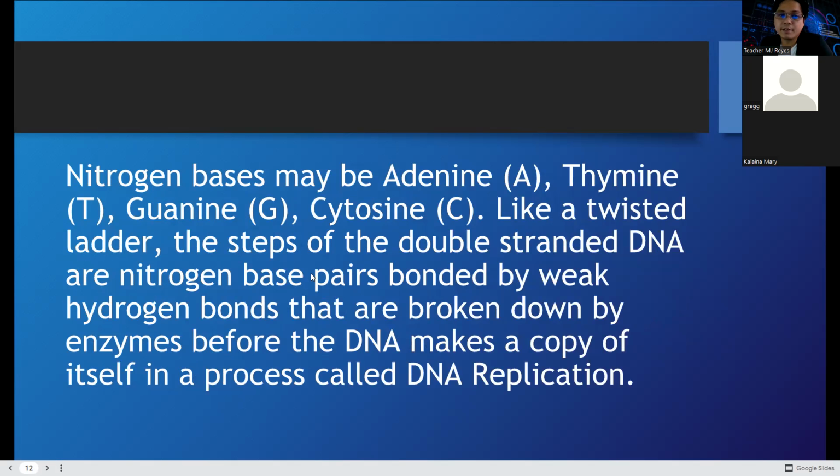Like a twisted ladder, the steps of the double-stranded DNA are nitrogen base pairs bound by weak hydrogen bonds that are broken down by enzymes before the DNA makes a copy of itself in the process called DNA replication.